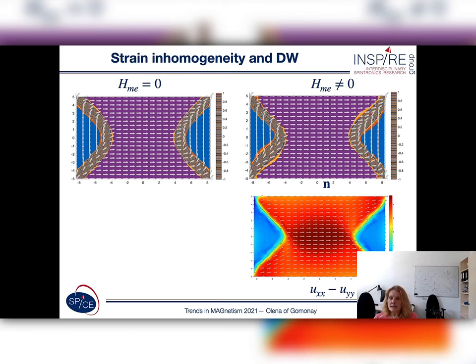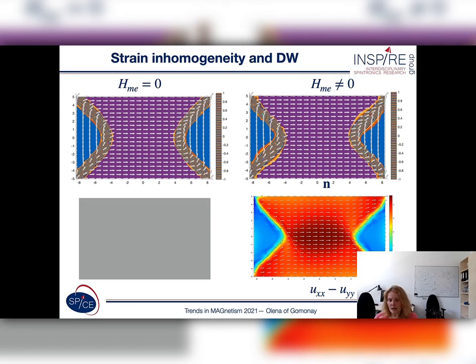This asymmetry in the domain wall width can be explained by the effects which appear at the corners of the sample. We assume that at the surface of the sample, the Néel vector tends to be aligned parallel to the surface due to some additional surface anisotropy.